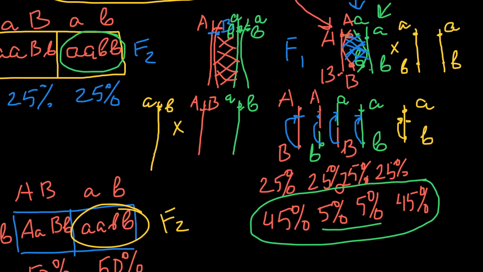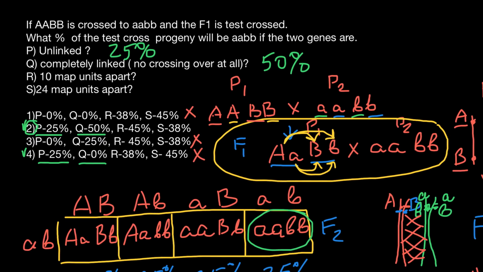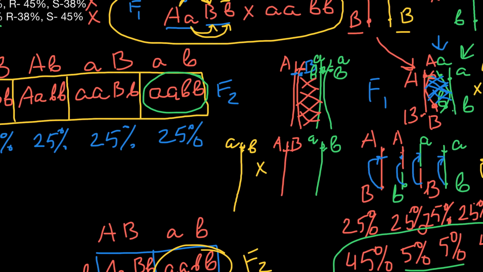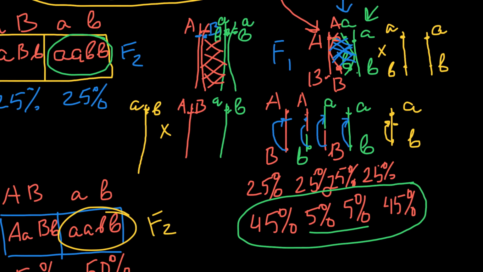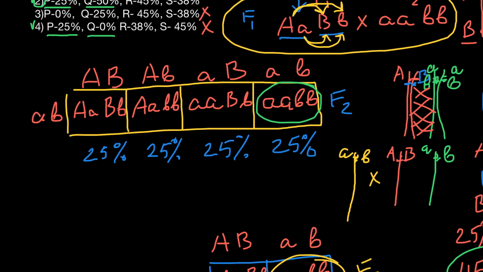So let us return to the variants, and as you see, this question is R. What would happen if gene A and B would be 10 map units apart? In this case, we have to return to this table.